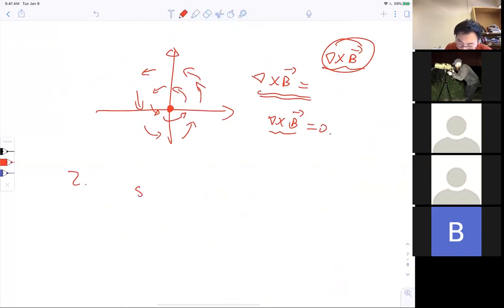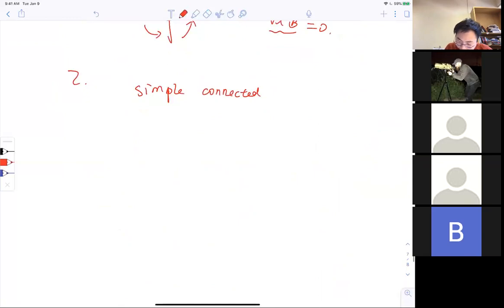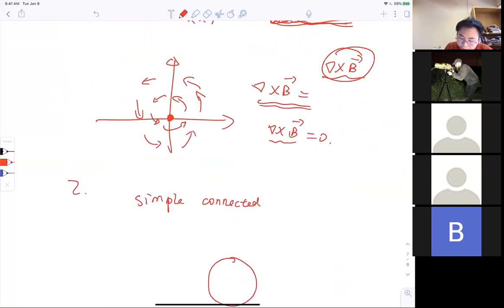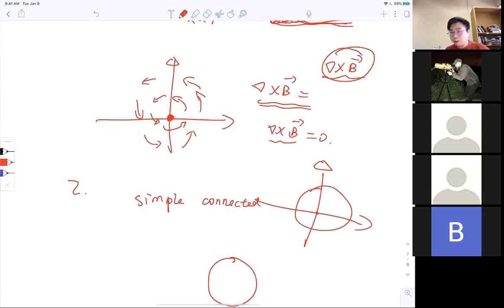The rigorous definition of a simply connected region is that you can draw an arbitrary loop and this loop can be shrunk to a point. If there's a singularity, and you draw a loop enclosing it, there's no way to shrink this loop to a point because the singularity prevents you from doing that.